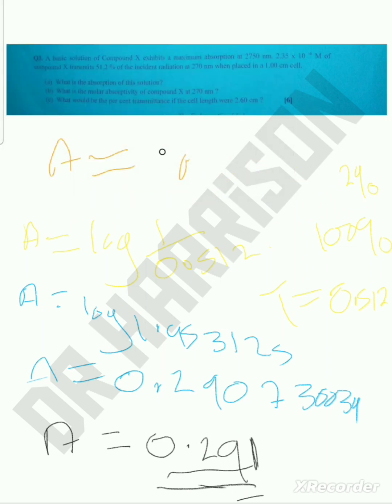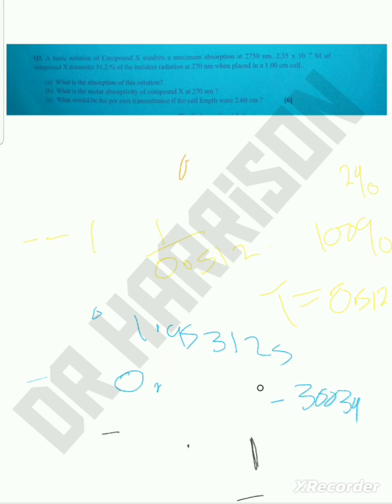Let me just erase this. We go to the second question, which reads, what is the molar absorption at 2750 nanometer? Remember we said the absorption can be given by the formula log 1 over transmittance.